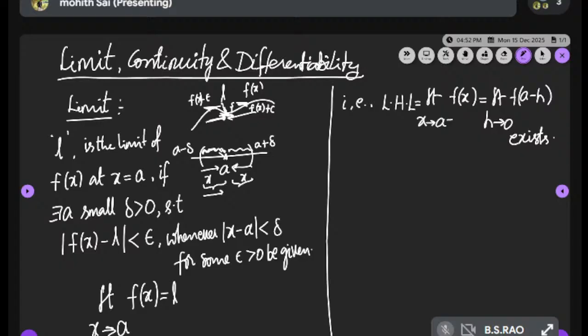And right hand limit equals limit x tends to a plus f of x equals limit h tends to 0 f of a plus h.